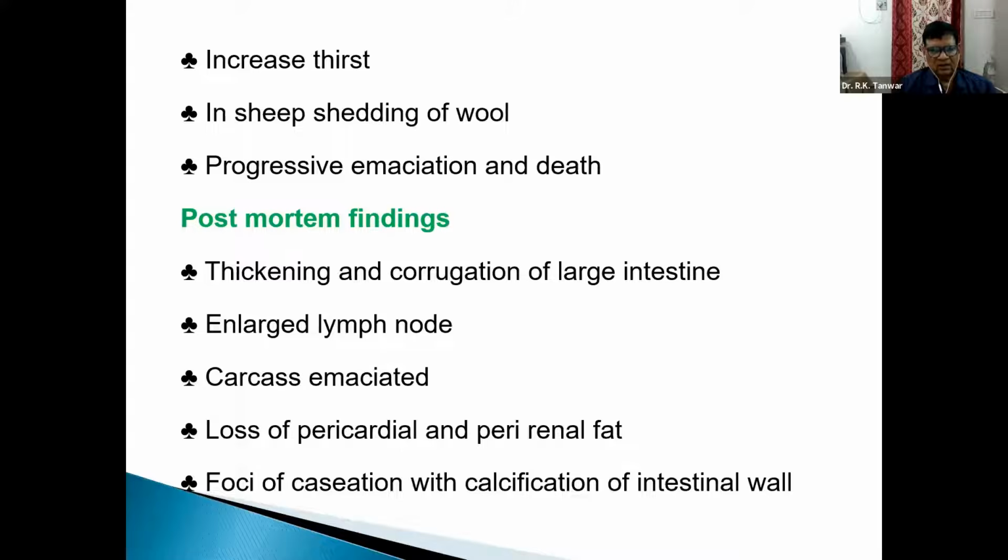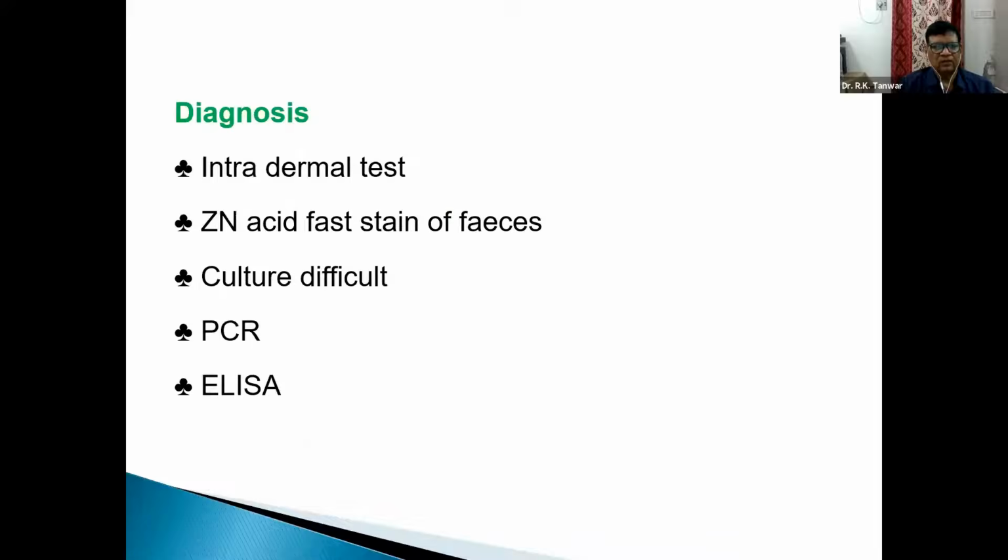There is no treatment. Postmortem findings: there is a thickening and corrugation of the large intestine and large lymph nodes, the carcass is emaciated, with loss of pericardial and perirenal fat, and foci of coagulation and calcification of the intestinal wall. Diagnosis: if you want to screen your herd, the intradermal test antigen is available in the market.